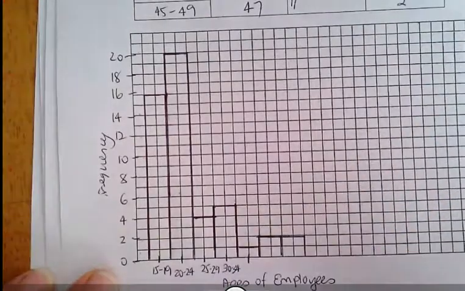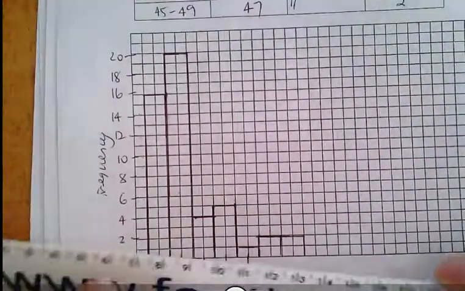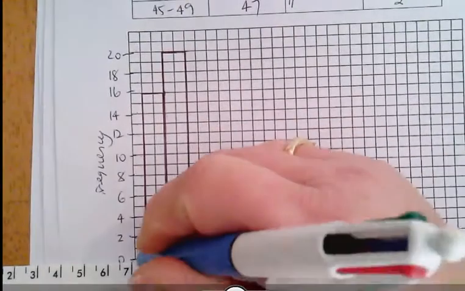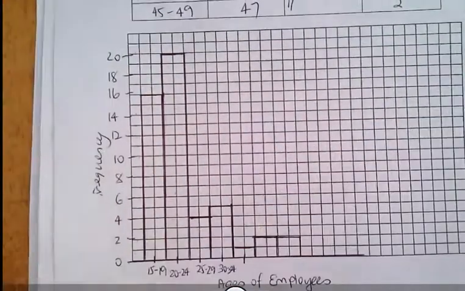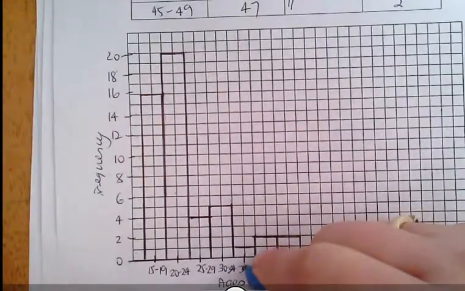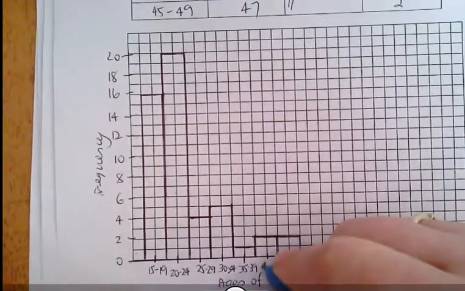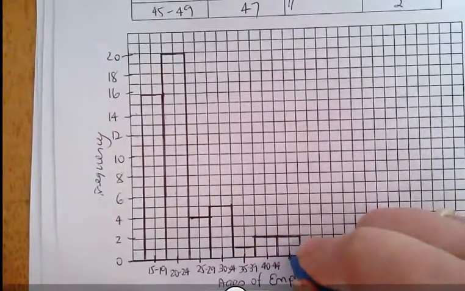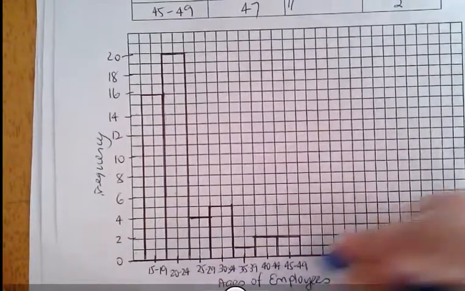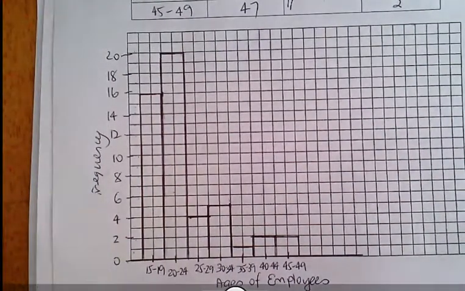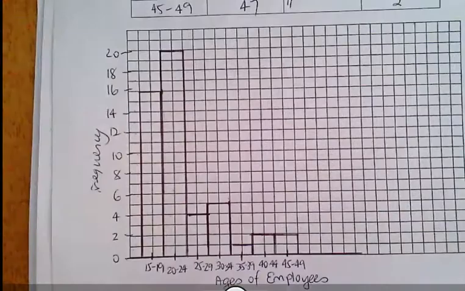That is in the centre, so it marks the centre of each column. I think 35 to 39, 40 to 44 and 45 to 49. So that's our histogram. Notice half a column gap width at the beginning.